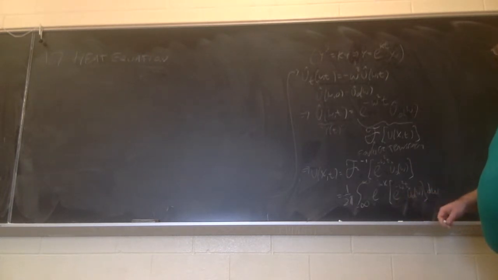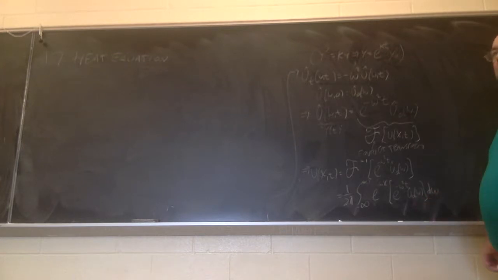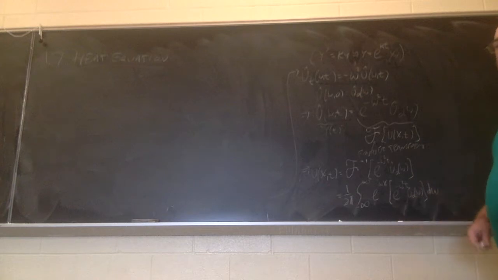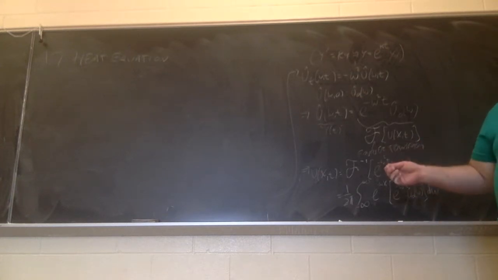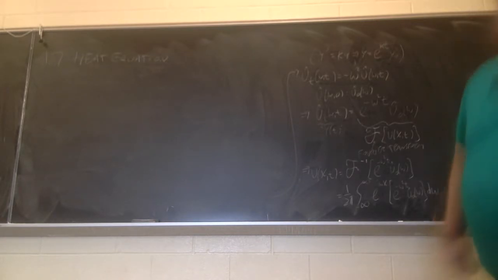It would be nice if we could somehow use the inverse transform of these two items individually to figure out the Fourier transform of them multiplied together. And there actually is a property that can help us with that. Because this is just a Fourier transform of the initial condition. Now, the inverse transform of that, you guys don't know yet, but I'm going to show you. So there's actually a few pieces I have to work out here.